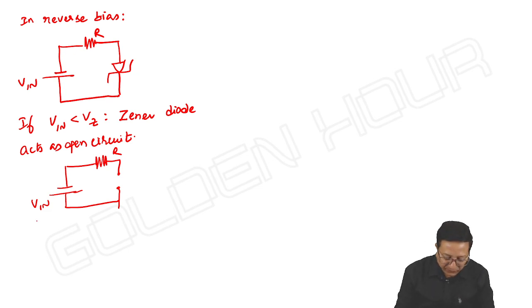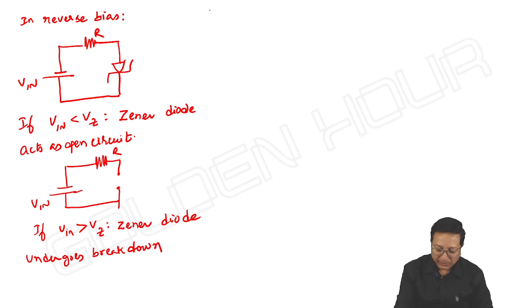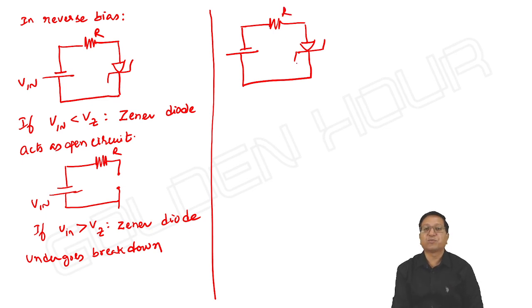If V input is greater than the breakdown voltage, then the Zener diode undergoes breakdown, so that the equivalent circuit is, or I can say, the current will flow from cathode to anode.